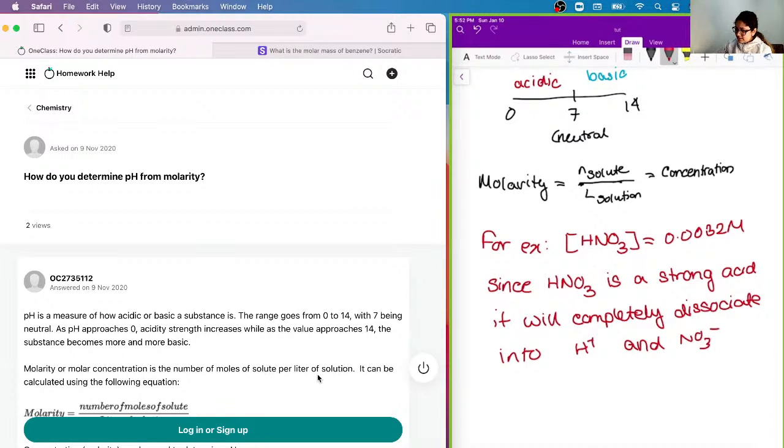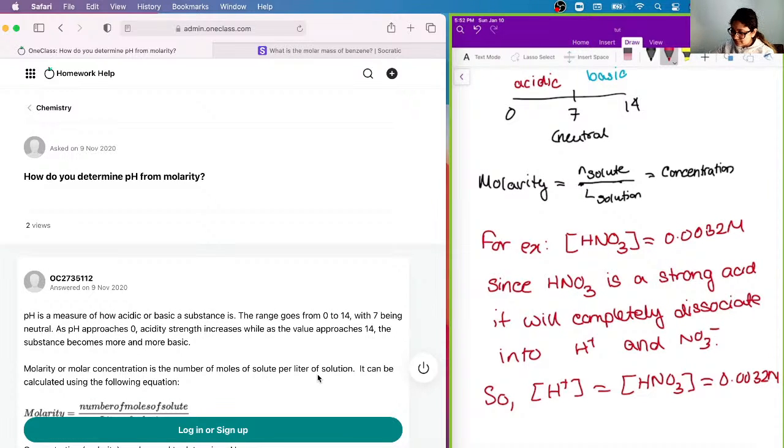Okay, and so this means that the concentration of your H plus ions equals the concentration of your nitric acid, which is 0.0032.